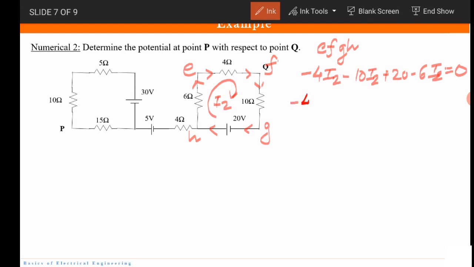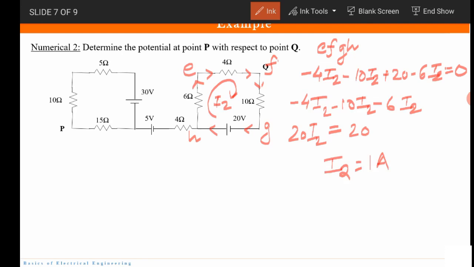So it comes out to be minus 4 I2 minus 10 I2 minus 6 I2. What is the total? 4 plus 10 is 14, plus 6 is 20. So we get 20 I2 is equal to 20. Finally I2 comes out to be 1 ampere. So even I1 was 1 ampere and we got I2 to be 1 ampere.